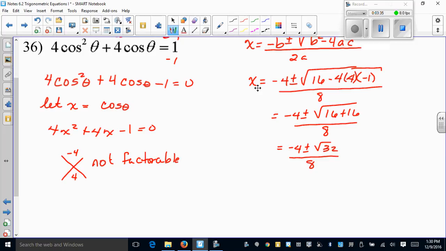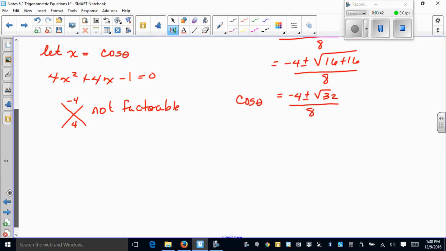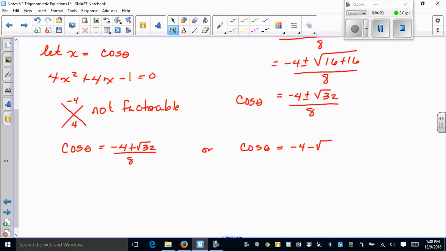Now remember, our x is really cosine of theta. So we come over here, and we have cosine of theta equals -4 plus radical 32 all over 8, or cosine of theta equals -4 minus radical 32 all over 8.